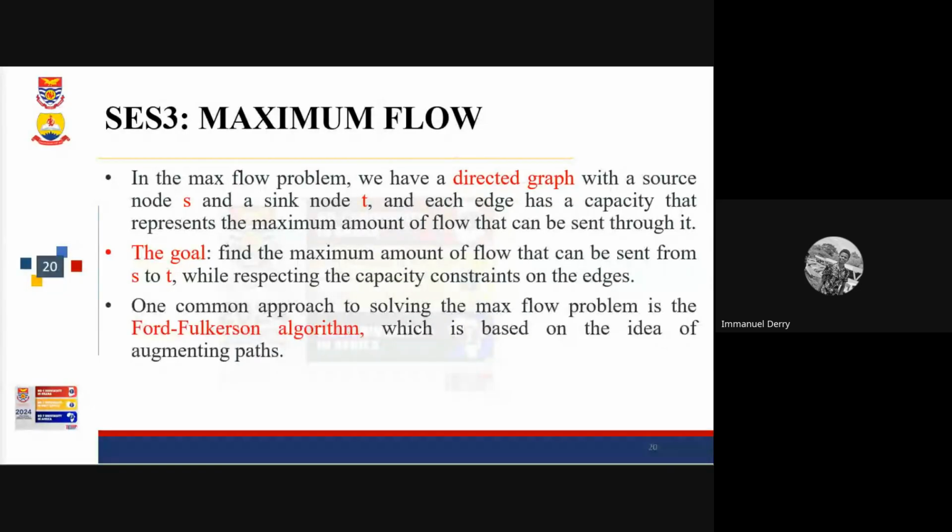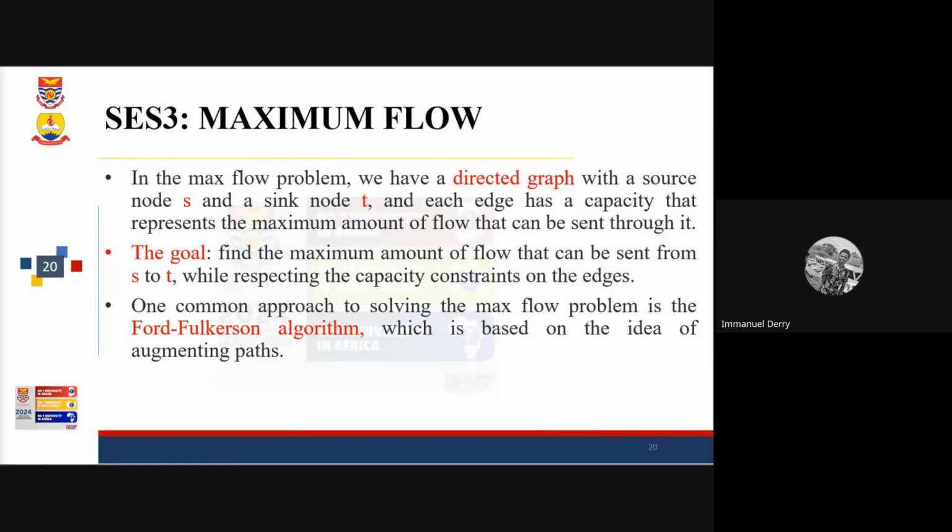So you can use this same maximum flow to calculate the maximum flow of, let me say, water that can be pumped from the source or water reservoir to a given community that is connected to the water reservoir. And the goal is to find the maximum amount of flow that can be sent from S to T. And in the process, we have to respect the capacity constraints on the edges.